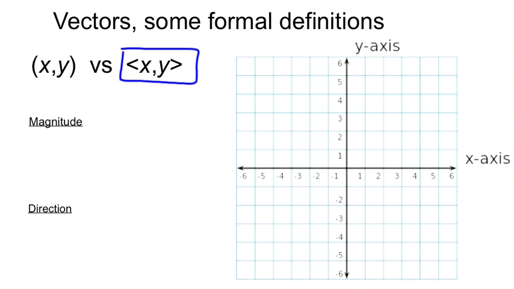All right, so let's talk about that. If we have the point (4, 3), then that's just this place right here. That is simply one exact location.